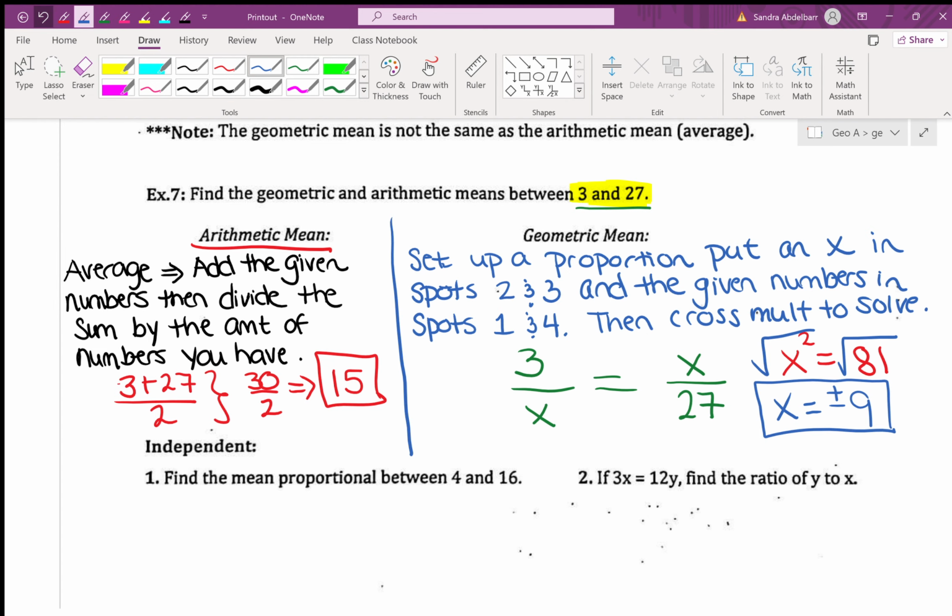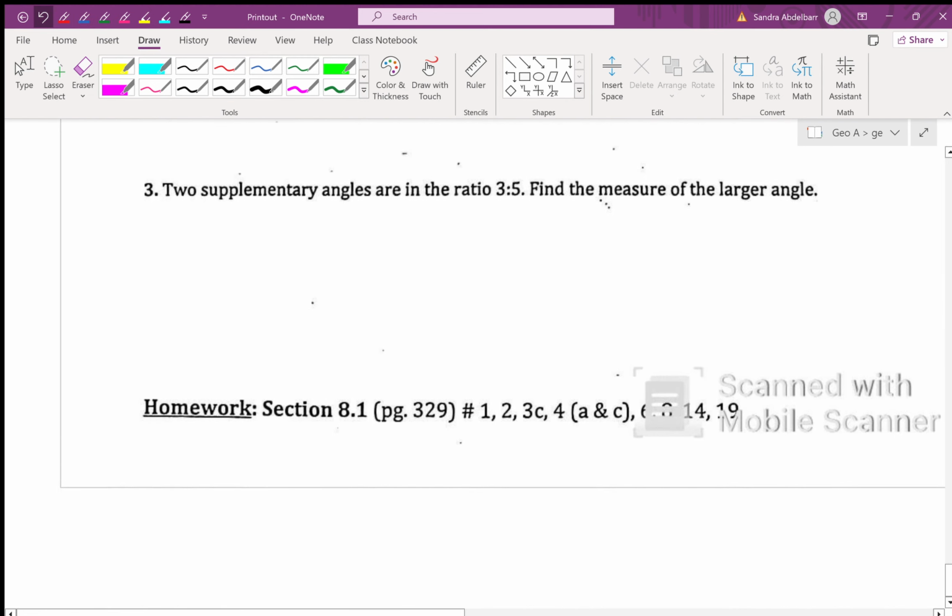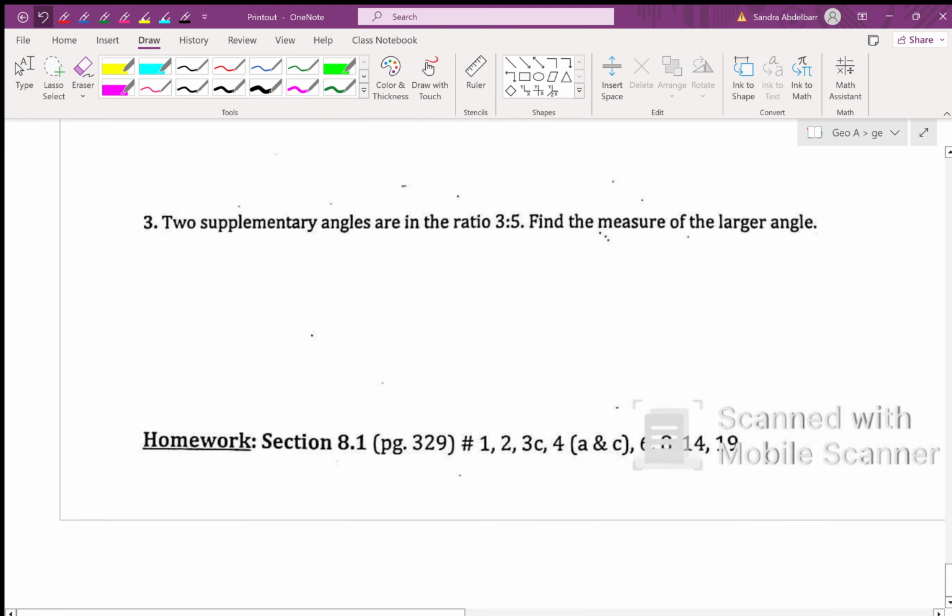All right, we're not going to do these independently, but I am going to do number 3 with you. So 2 supplementary angles are in the ratio of 3 to 5. What does it mean if 2 angles are supplementary? They add up to 180. Supplementary is 180, not a triangle.